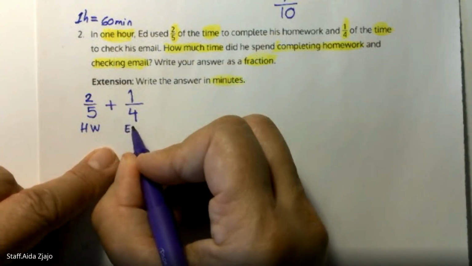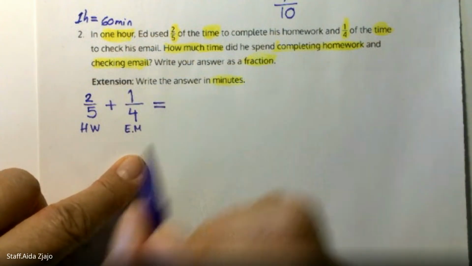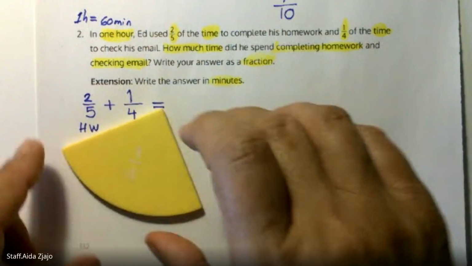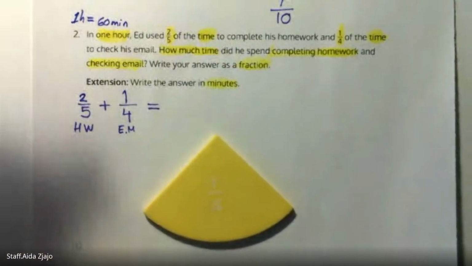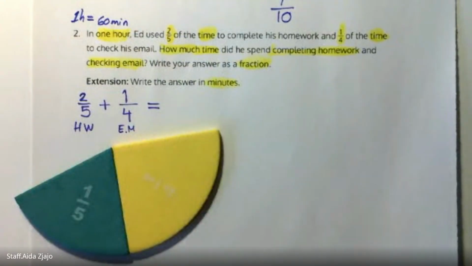So I'm going to put email, all right? So now we need to add those parts. So the fifths and the fourths, I have them here like this. These are fourths of a circle, and then fifths are green. So you need to put those together.